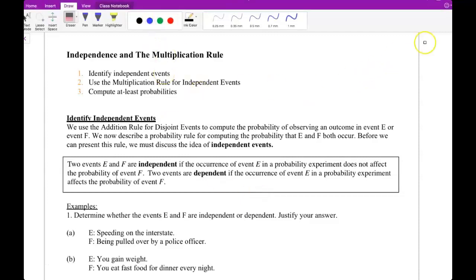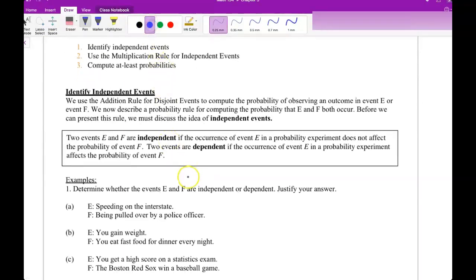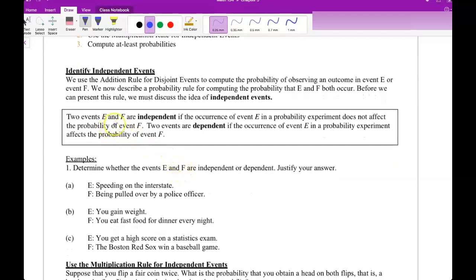Okay, here is independence and the multiplication rule. On this part, we have these two events, E and F, and we're gonna see when we have independent and dependent.